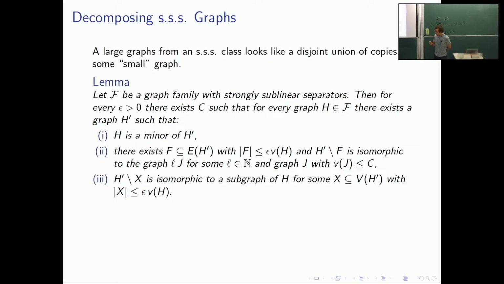Now, maybe the most surprising thing about this result, if you're familiar with these sparse classes of graphs, is that we only need one graph J. This would perhaps look less surprising if I just said that we can approximate the graph by splitting it into components of some bounded size, and we only need to delete some small set of edges to do this.